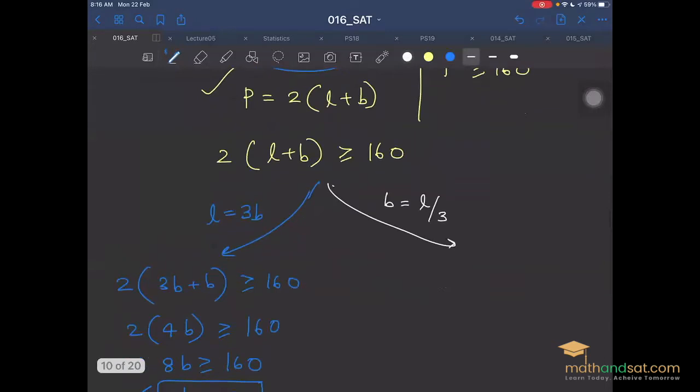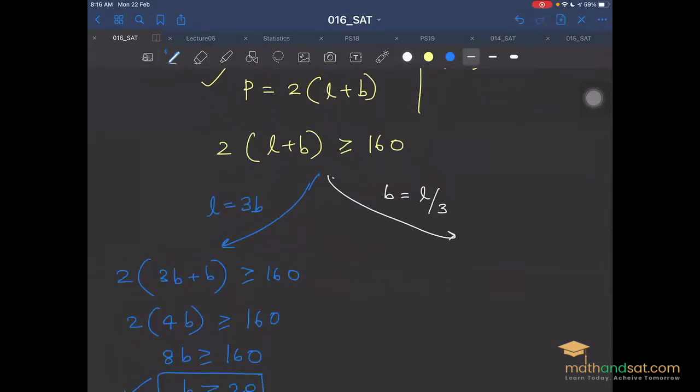B is equal to L by 3 because L is equal to 3 times B. Does that make sense?